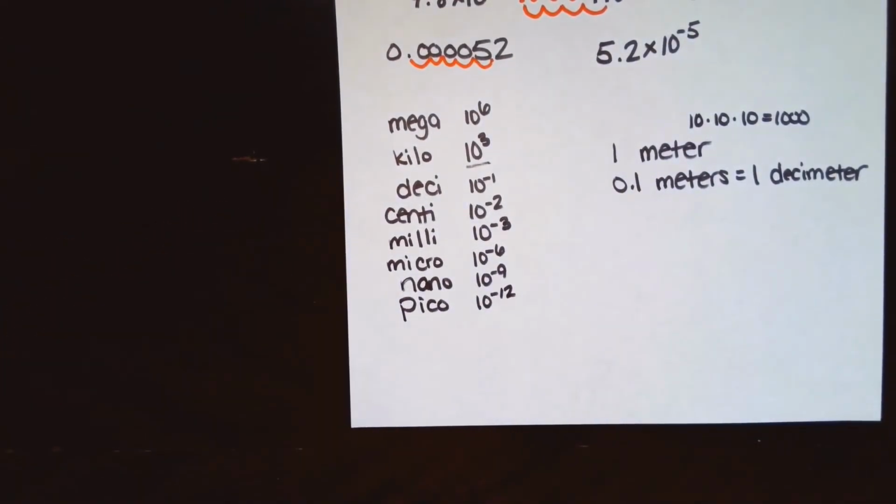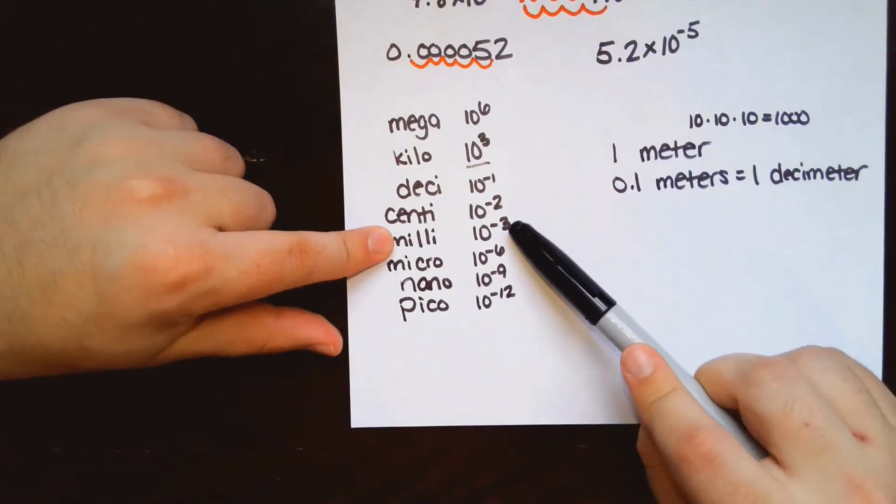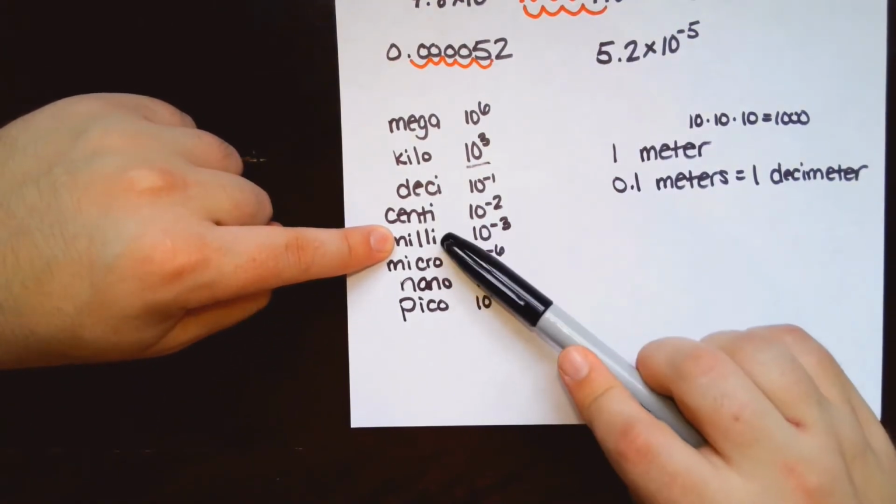And so not only can you relate these to the version without a prefix, meters in this case, but don't get me wrong, it doesn't have to be meters, it could be grams, liters, whatever unit we're talking about. But you can relate them to each other too. So for instance, there's 1,000 millimeters in 1 meter.